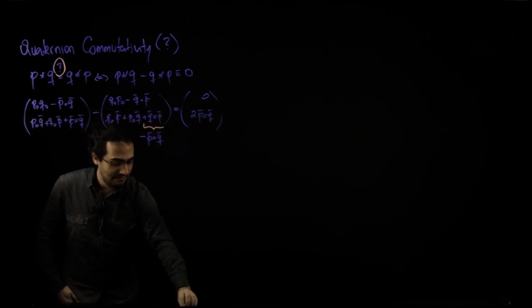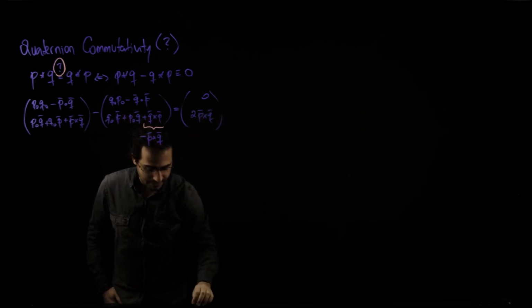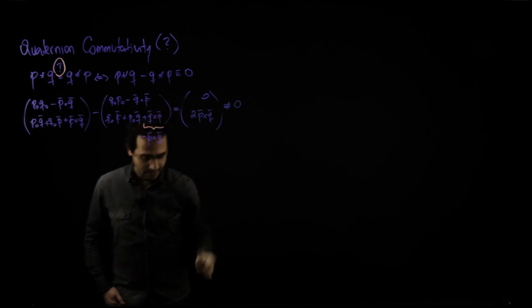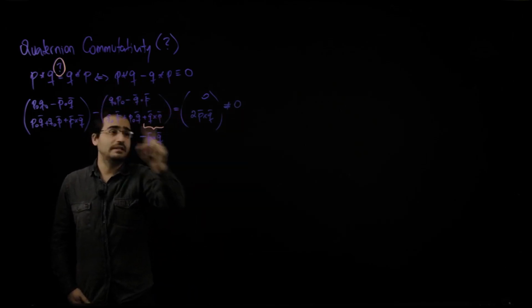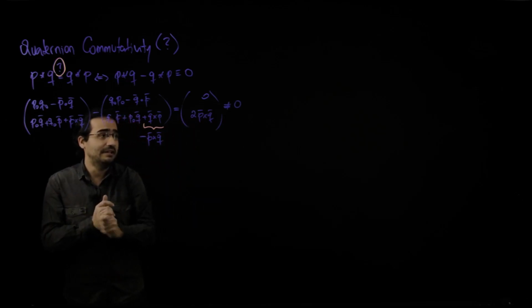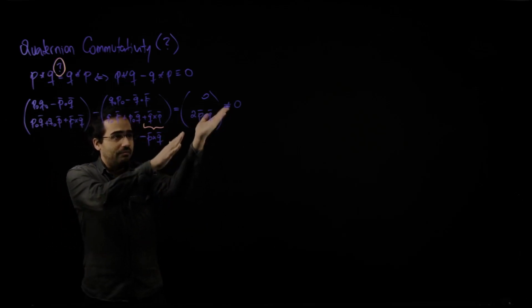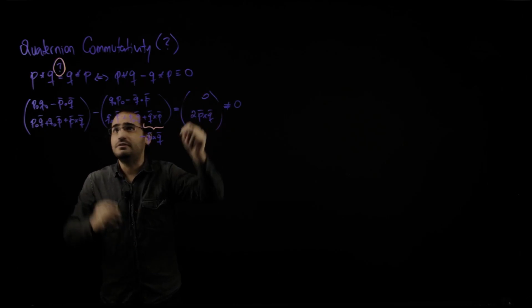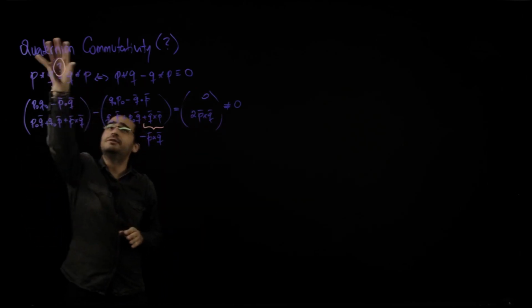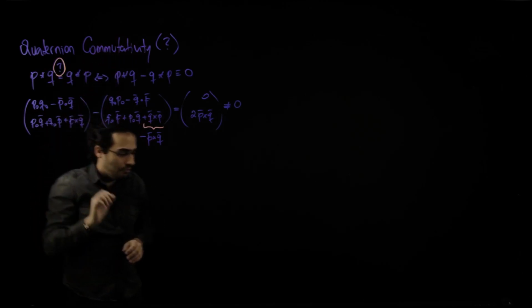And this guy over here is not identically 0. If you do have two quaternions P and Q whose complex parts are aligned, if they are parallel, yes, you will have quaternions that commute, but not in general. So we will say that quaternion product is not commutative.